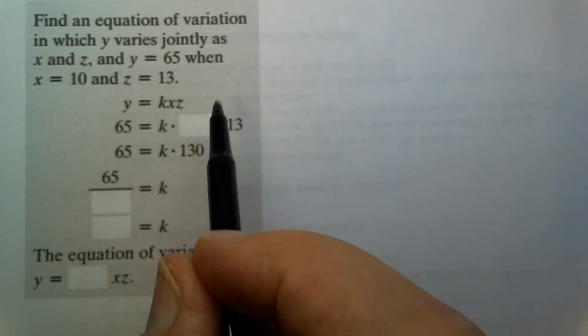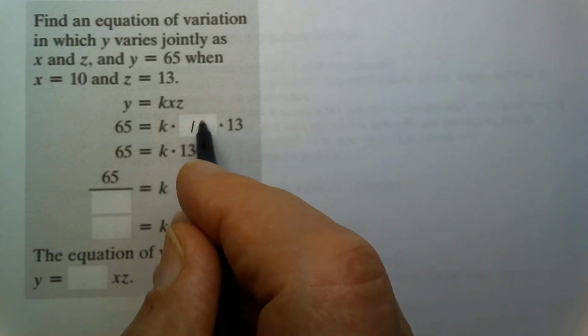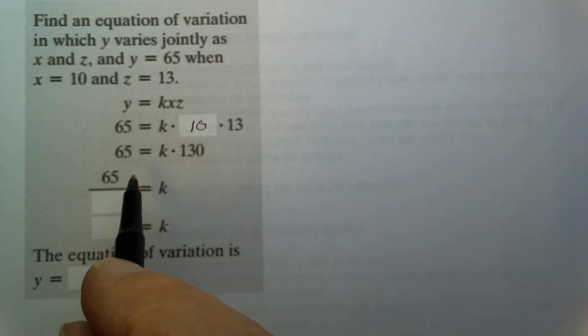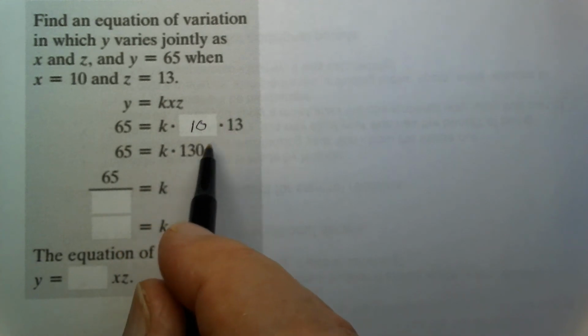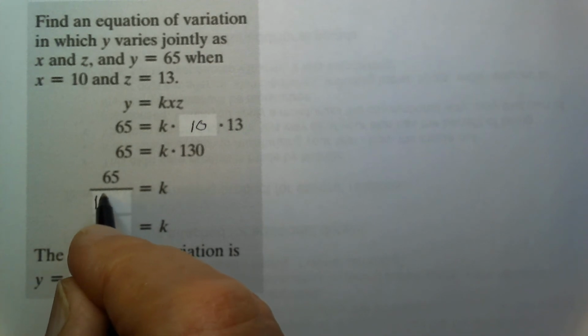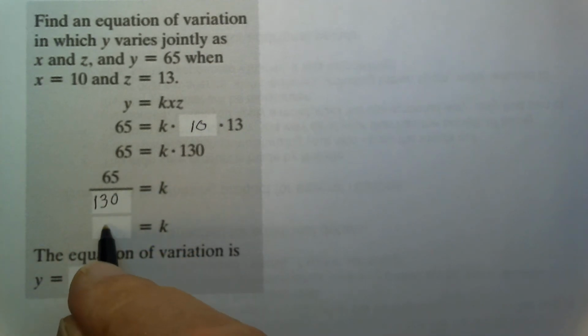So 65 equals k times 10 times 13, which is 130, so k is 65 divided by 130, or k is equal to 1/2. So the equation of variation is y equals 1/2 times x times z.